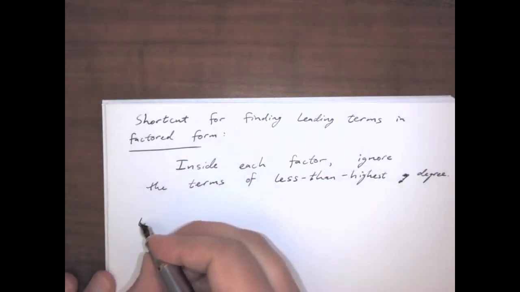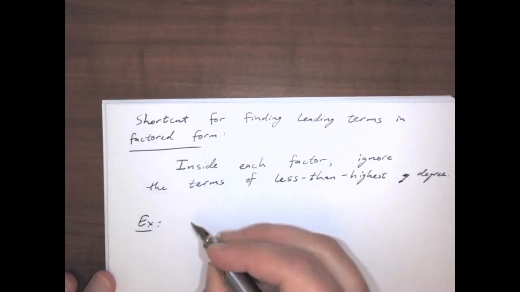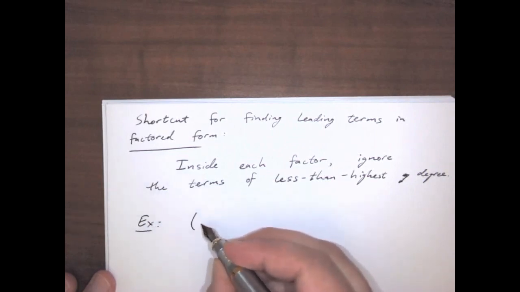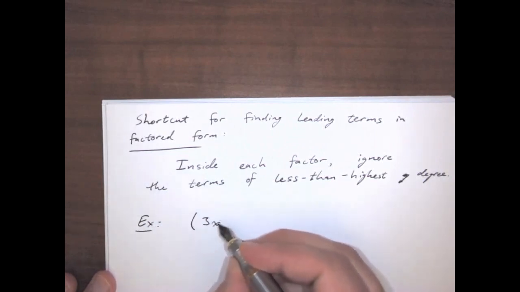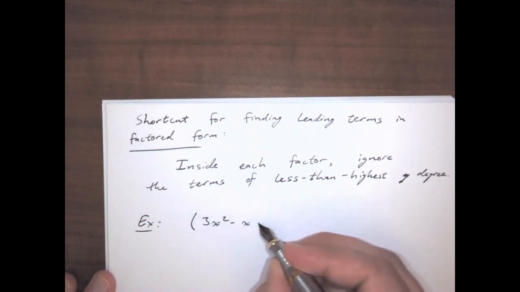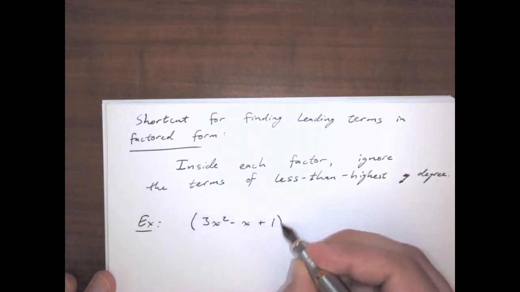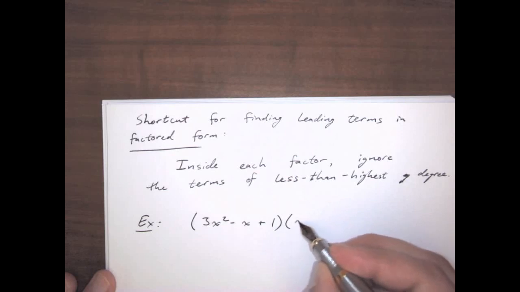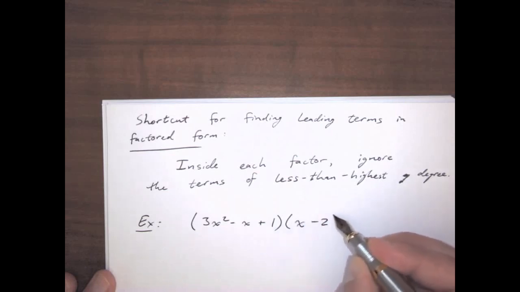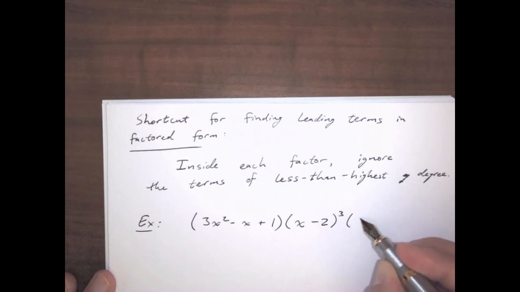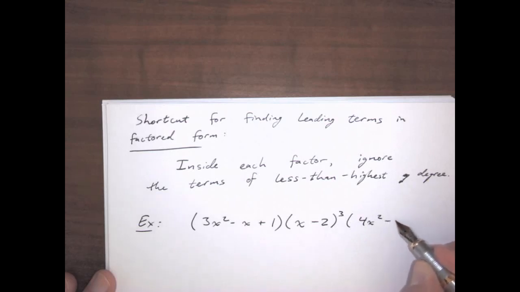So for example, let's say we had something that looked pretty complicated. 3x squared minus x plus 1 times x minus 2 to the third power times 4x squared minus 5x cubed, something like that.